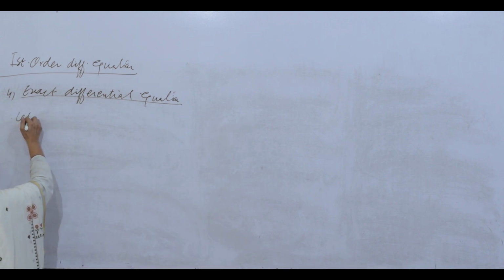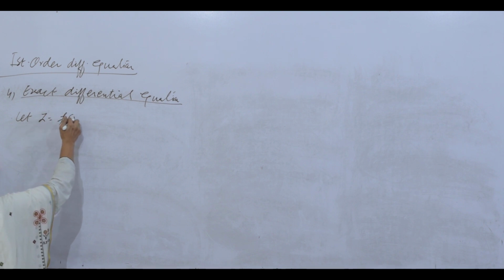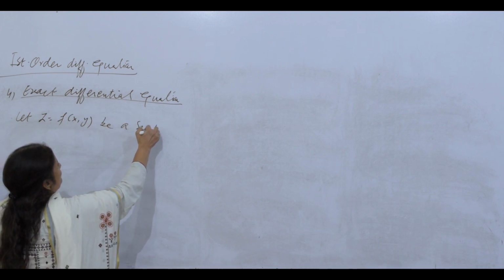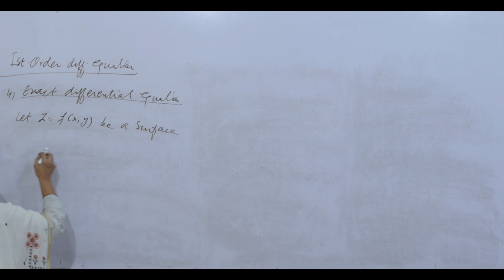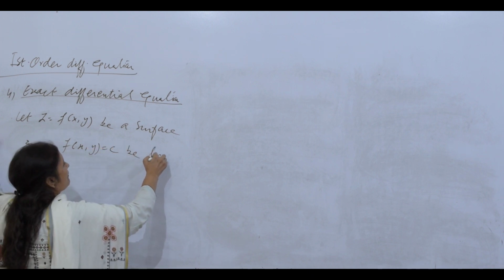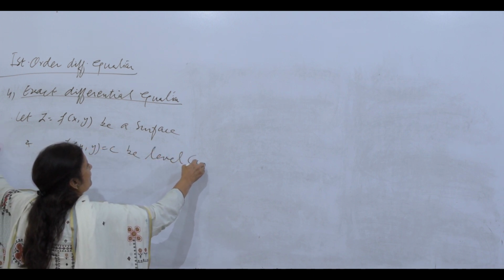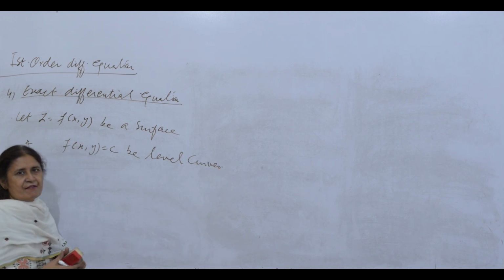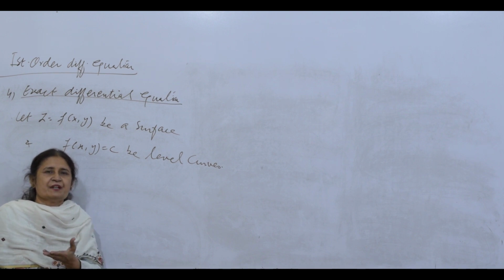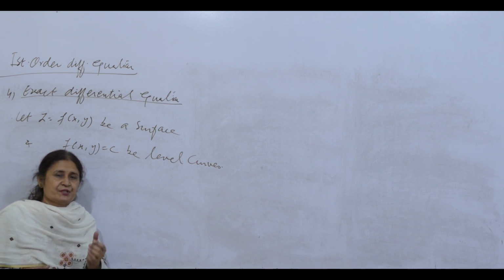Let z is equal to f(x,y) be a surface and f(x,y) equal to c be level curves. When a surface is intersected by a constant plane, then we get level curves.